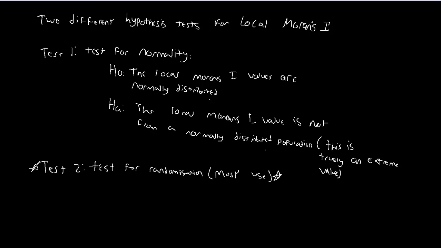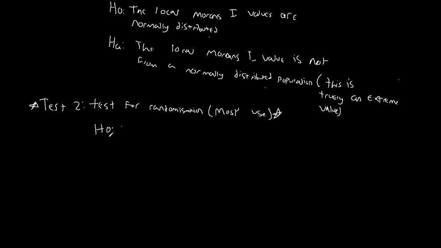This is the one that is used by default in the spdep package that we use to calculate these things. The null hypothesis for the test for randomization is that there is no spatial autocorrelation.